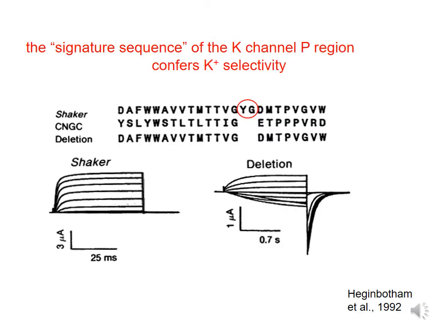So investigators deleted this YG sequence in the Shaker potassium channel, and they expressed these mutant channels in cell lines, and what they found was that these channels became non-selective to potassium ions, just like the CNG channels. Notice the presence of these inward currents in the mutant Shaker potassium channel that are due to the influx of sodium ions.